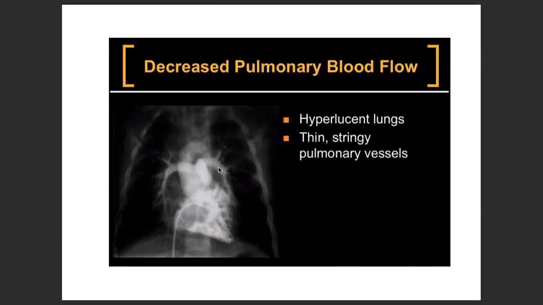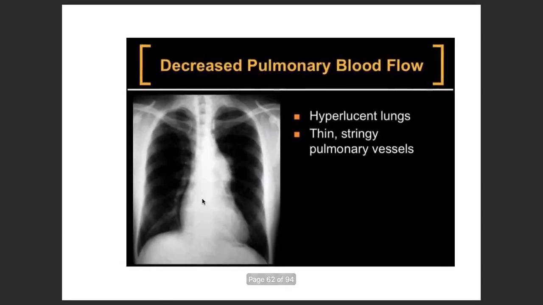Then again in this area. So this is what is characteristically called hyperlucent lungs, in which you see thin, stringy pulmonary vessels. And you are already smart enough, so you already know the conditions as well. Even in this one, you see more of a hyperlucent lung, with thin, stringy pulmonary vessels.